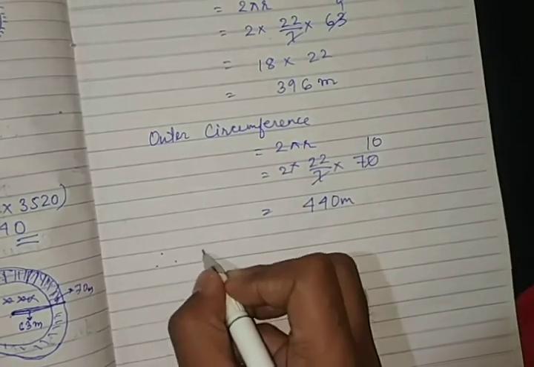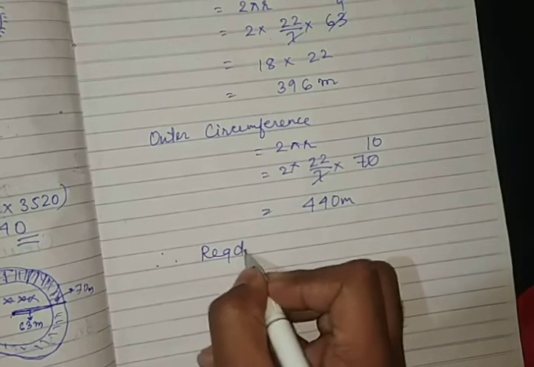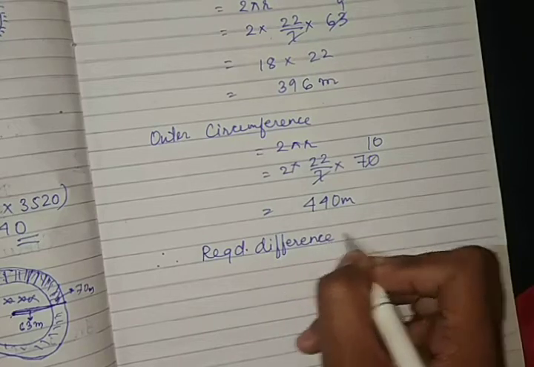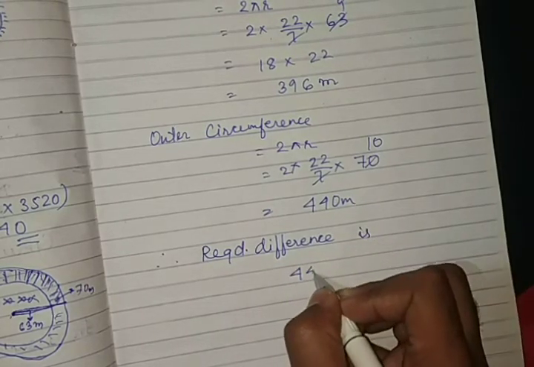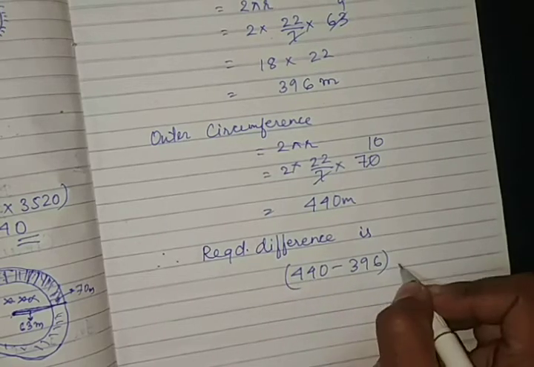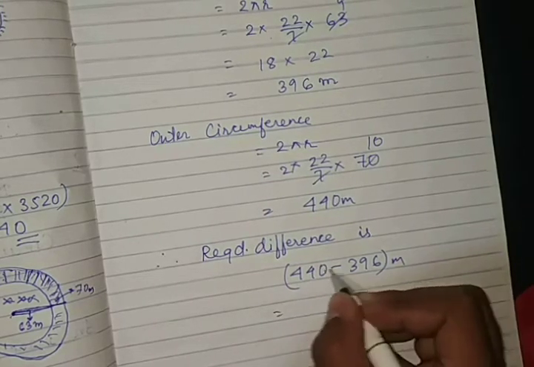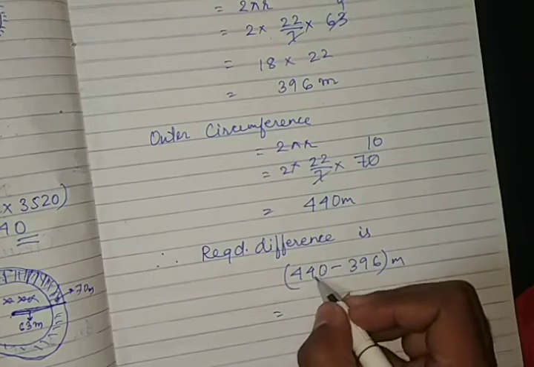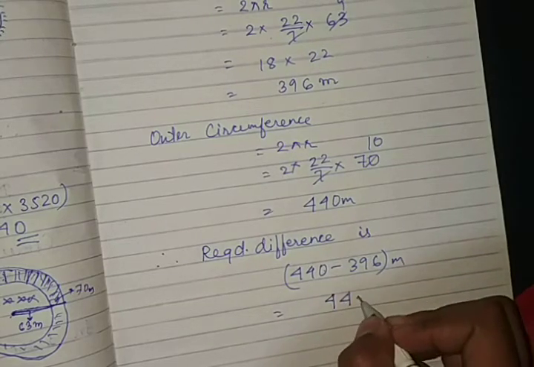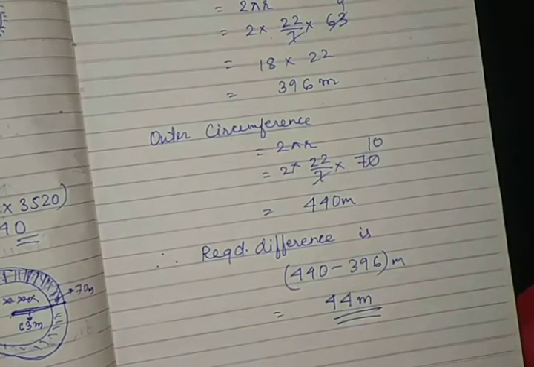Therefore the required difference is 440 minus 396 meter, that is equal to 44 meter. So this will be the answer for this case.